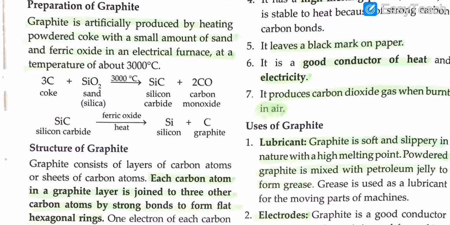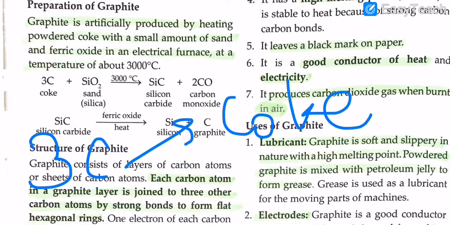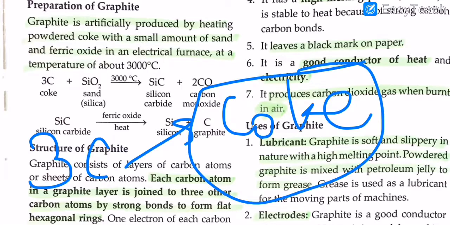So there is about 3C of coke. Coke is not the one we drink. It's a different coke. It's a chemistry coke. So this coke with sand and silica at the temperature of 3000 degrees Celsius gives silicon carbide and carbon monoxide. So this is how the preparation of graphite takes place.